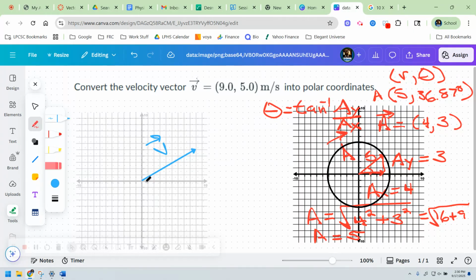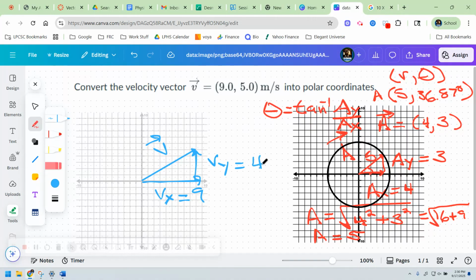This velocity vector has an x component, v sub x is equal to 9, and then my v sub y is 4.